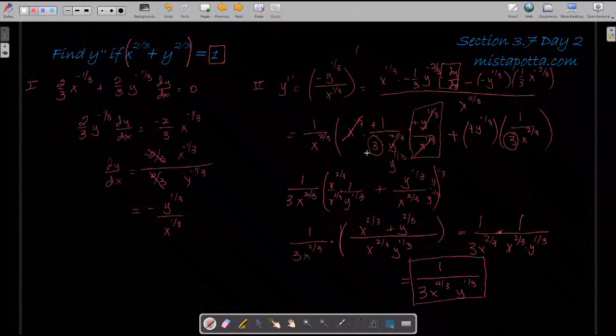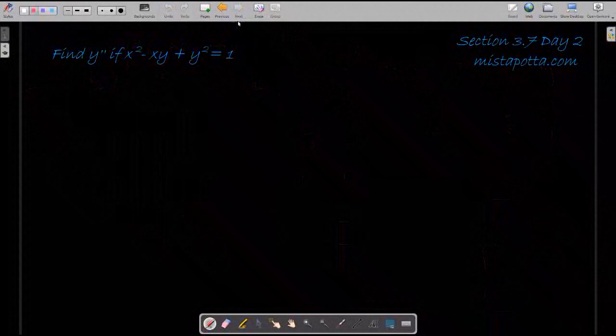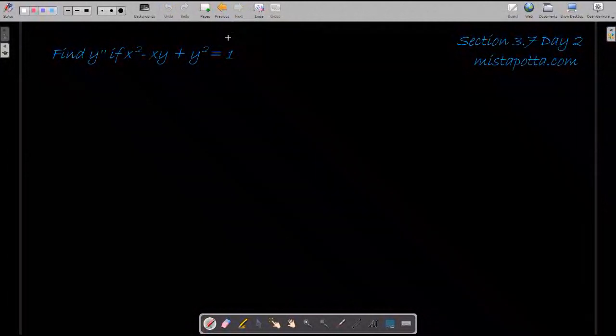So we have one more example we're going to go through. What I've got here is find y double prime if x squared minus xy plus y squared equals 1.